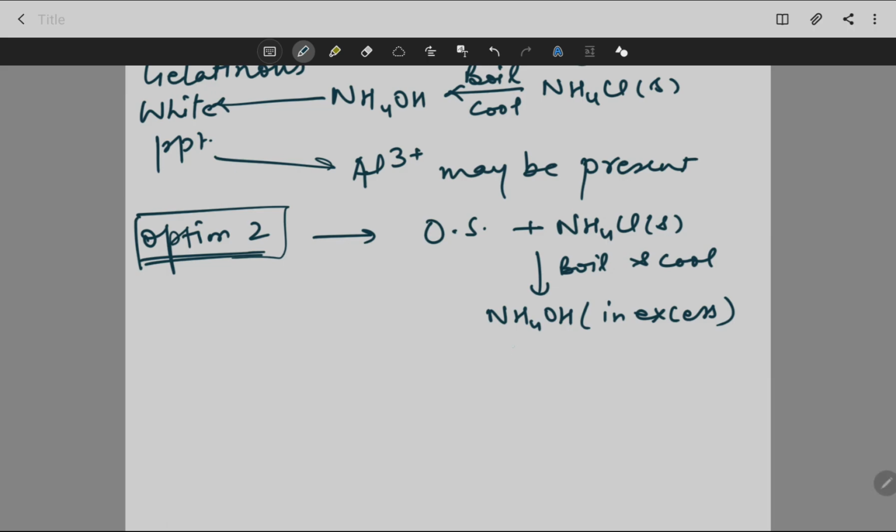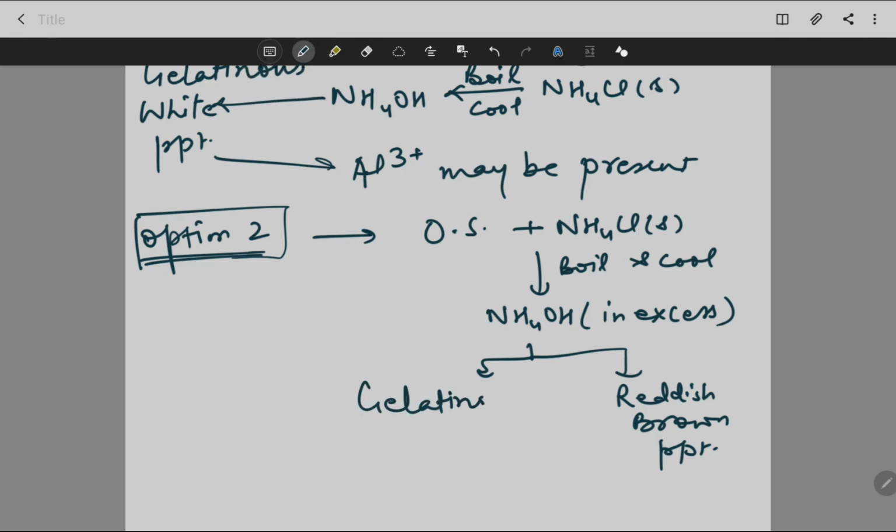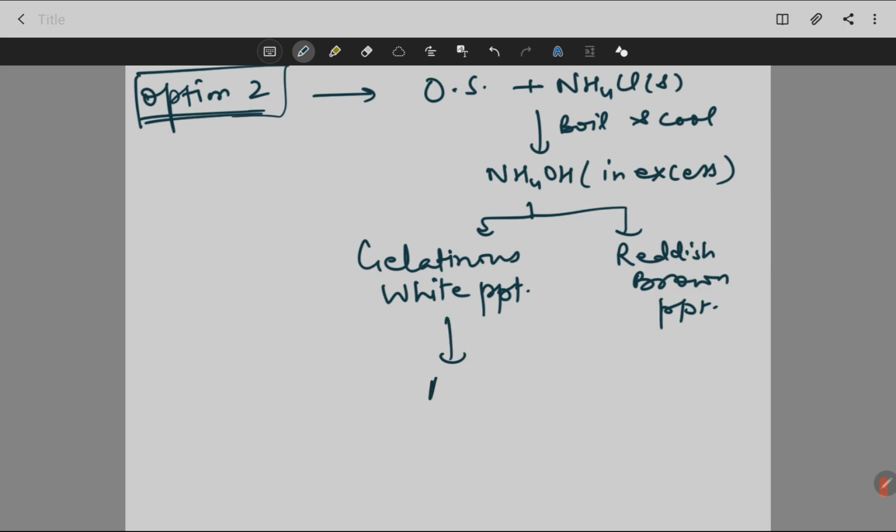So here, after adding ammonium hydroxide, we may get reddish brown precipitate, or we may get gelatinous white precipitate. So if we get gelatinous white precipitate, it means aluminium may be present.